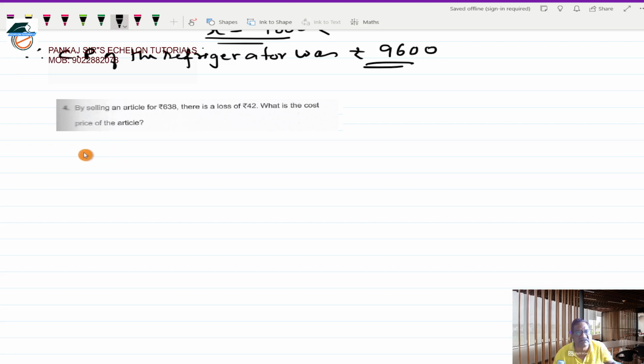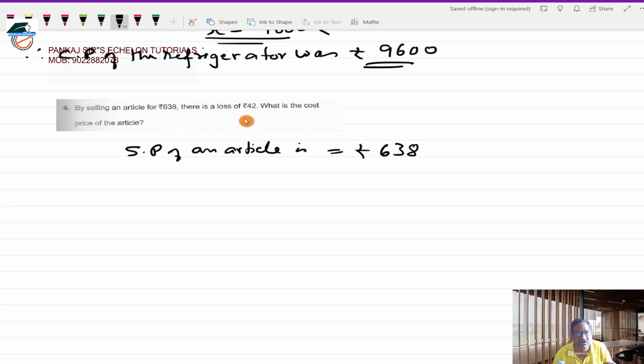So can I write here the selling price of an article, meaning one article, is equal to rupees how much? 638, right? 638 is the selling price of one article.